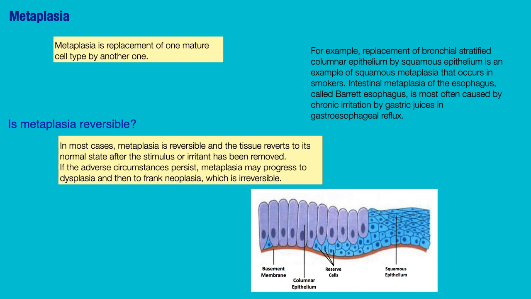Otherwise, it may progress to dysplasia, and then it may progress as well to neoplasia. Neoplasia may be a benign neoplasm, or a malignant neoplasm. Okay, we'll see that in the next lecture.